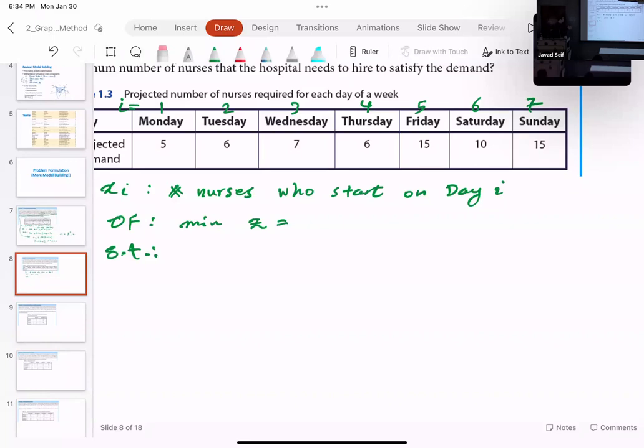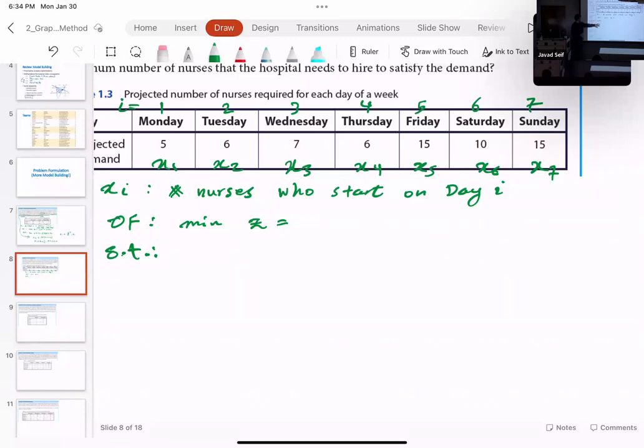Say that as a function of x1, x2, and so on. So we hire x1. We don't know how many. That's why we call it x1. It could be 2, 3, or 4, whatever. We end up hiring x2 for Tuesday, x3, x4, x5, x6, x7. So they could be any number. Could be 5, 6, 7, 4, 2, 3, but it should work.